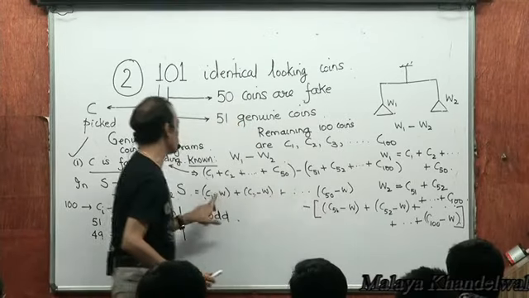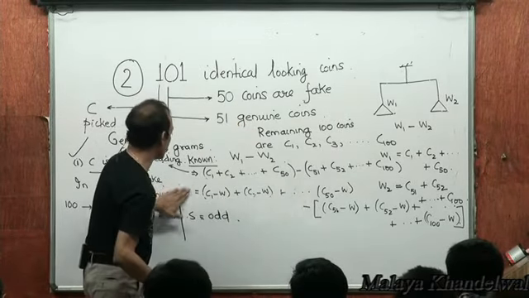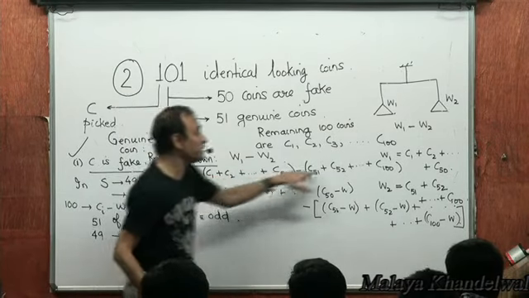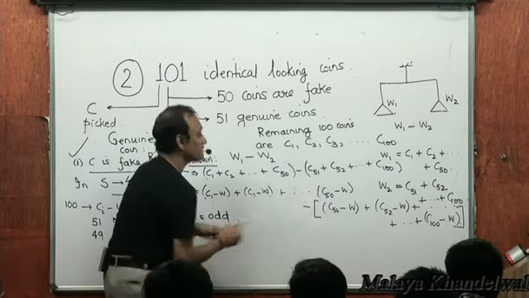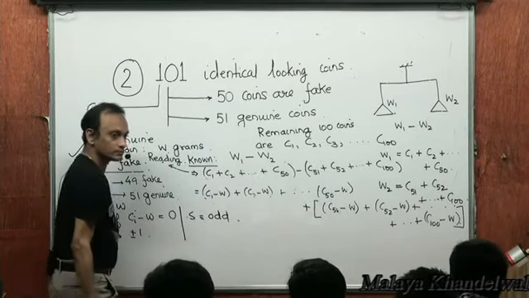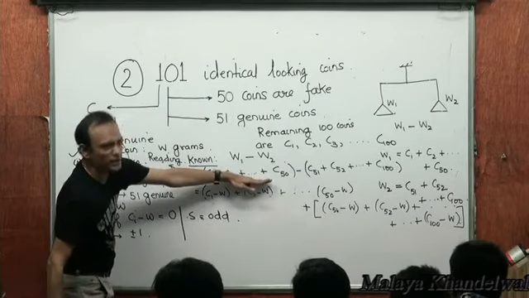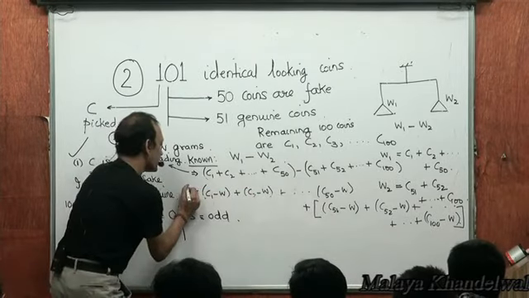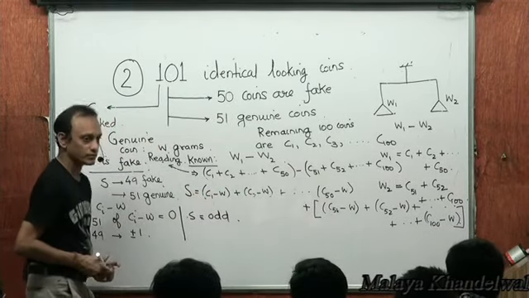Each of these plus W would get cancelled with minus W, that was this sum. Now the parity of this would be the same as the parity of this, right? I know the parity of this. Let me explore the parity of this.